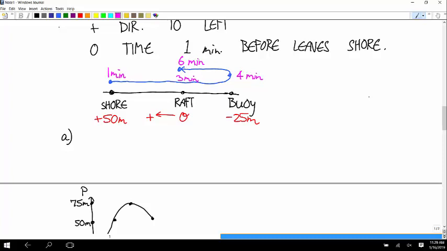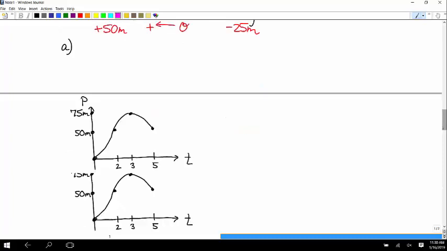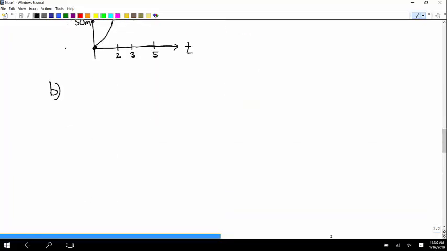And now we're going to plot out these points. So the positions that matter on this graph are negative 25, 0, and 50. So I'll first just draw out the axes. So here's negative 25 meters. Here's 0.